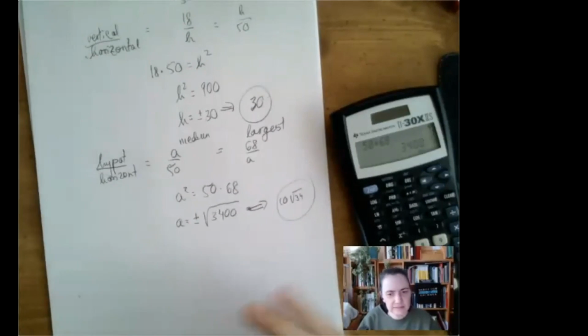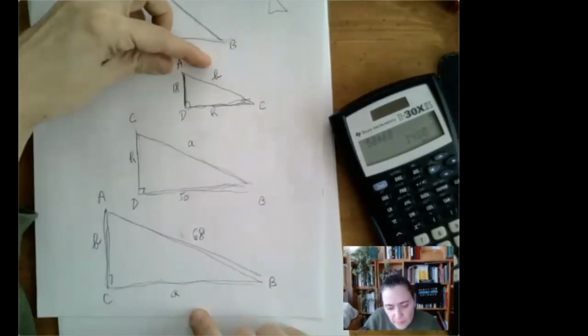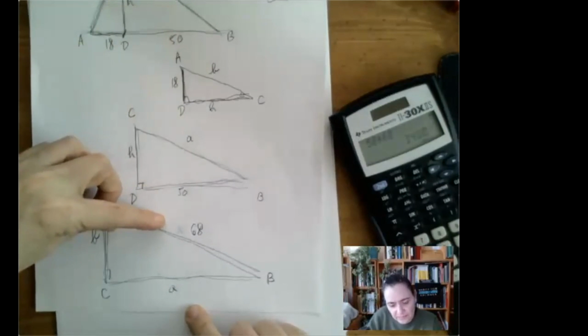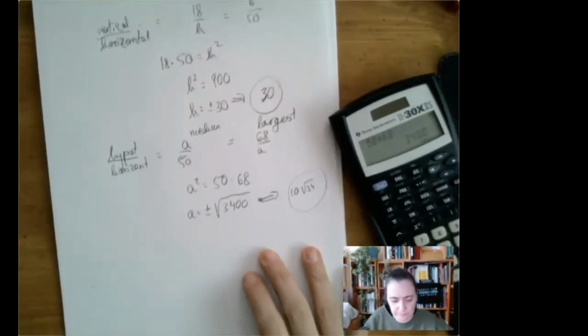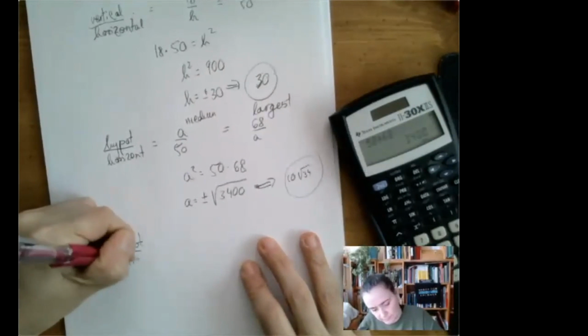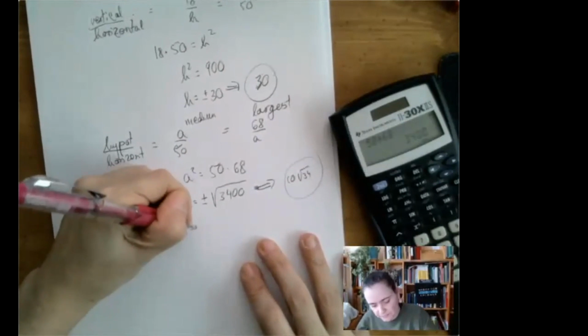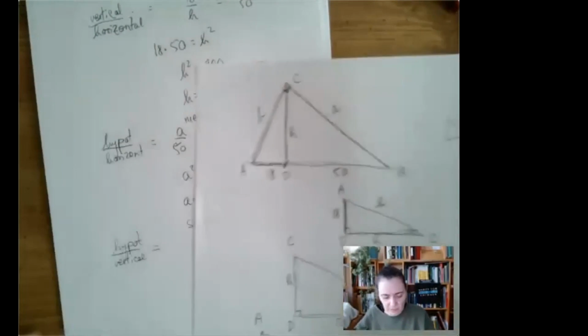And then for B, that it is B over 18 and 68 over B. So that would be the hypotenuse divided by the vertical side. So in the smallest triangle, hypotenuse over the vertical is B over 18.